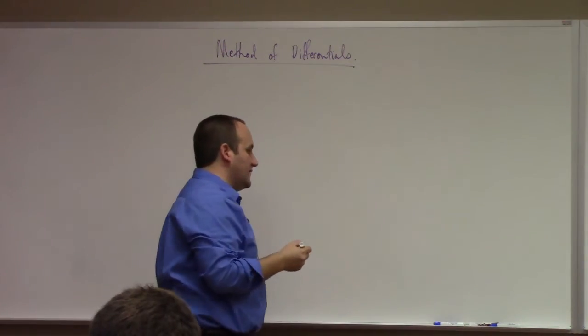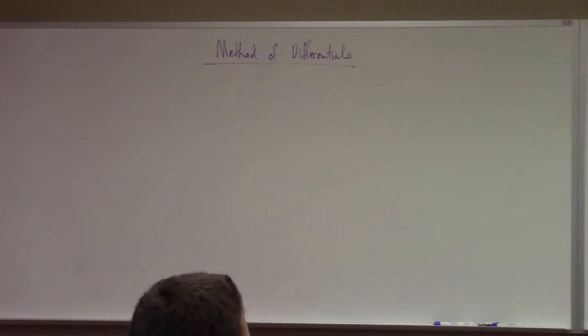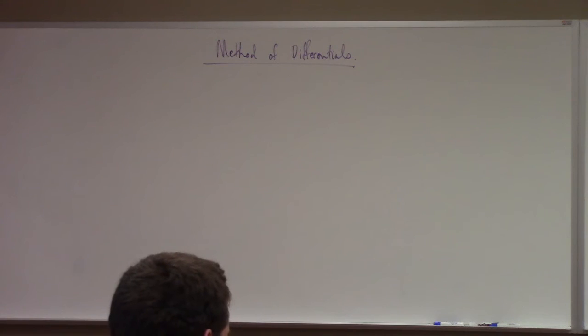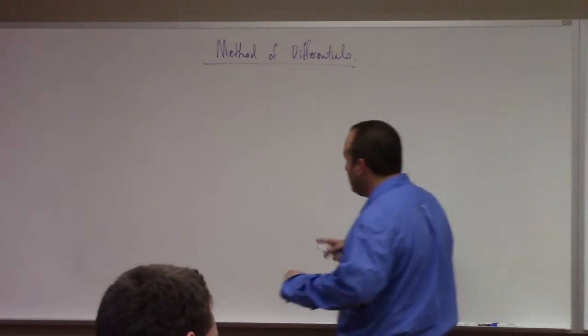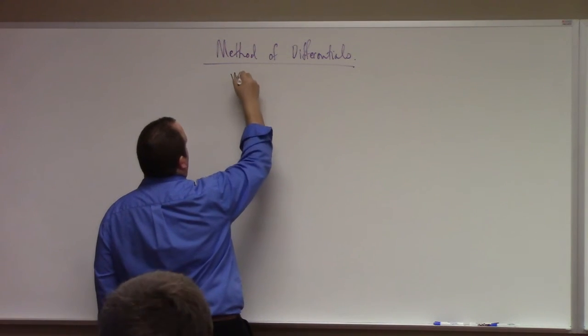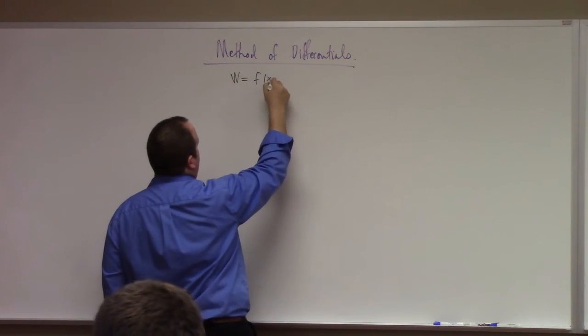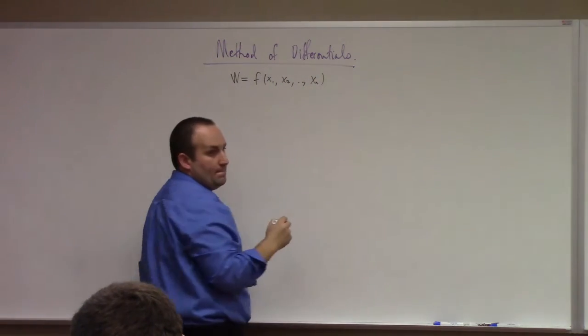So the method of differentials is one of my favorite things, and well, here's how it goes. Basically, this: if I have w, which is some function of say x1, x2, xn, right?